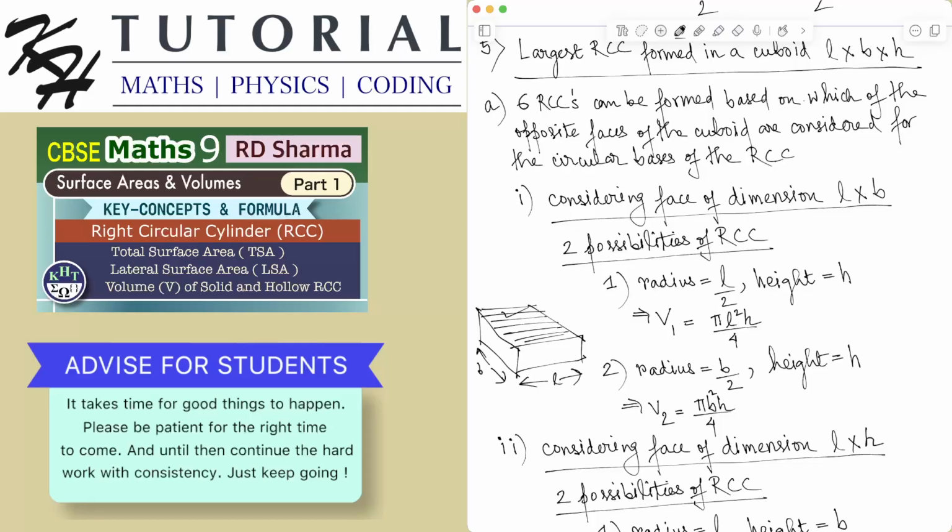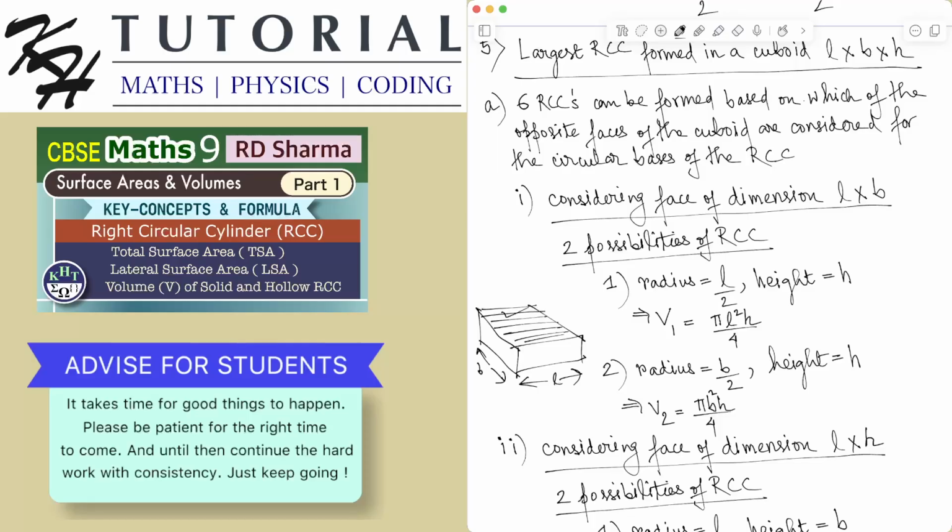If you consider those 2 faces whose dimensions are L by B, then those 2 faces will actually contain the end faces of the RCC. Now what will be the radius of the circular end faces of the RCC if we consider the face L by B?